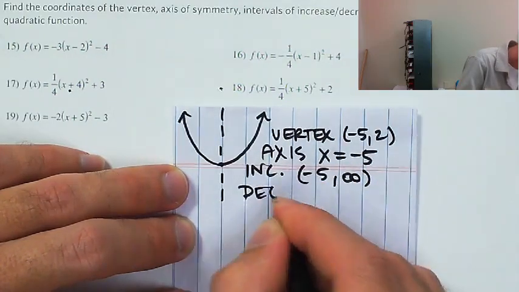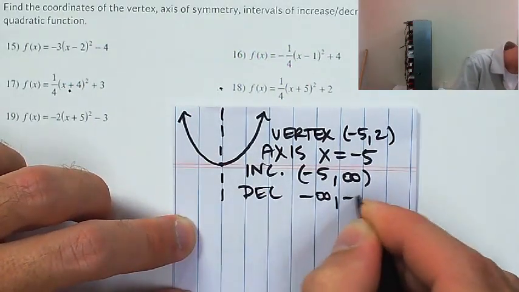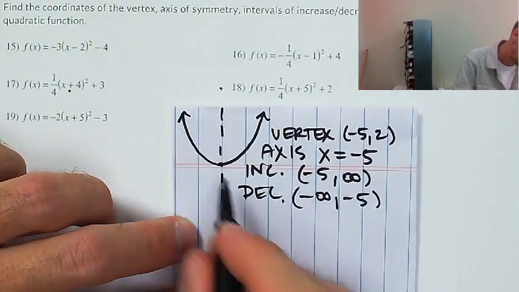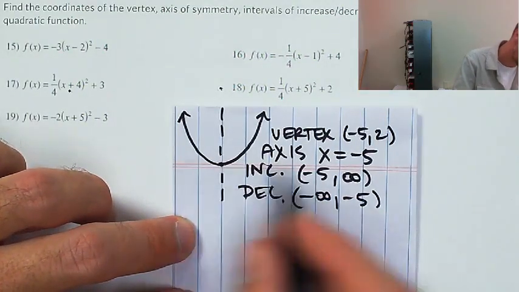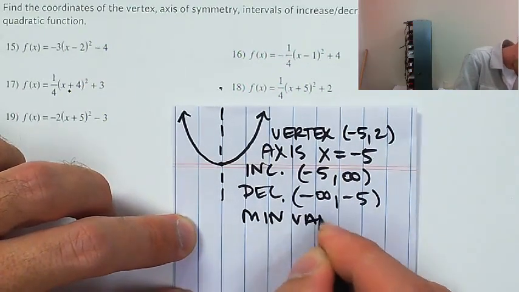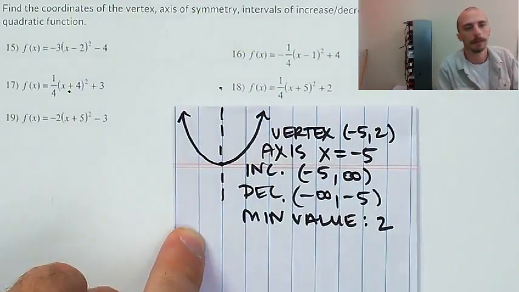Okay. It's decreasing when x is less than -5, so maybe -infinity up to -5. And then the minimum value of f of x is going to be 2.